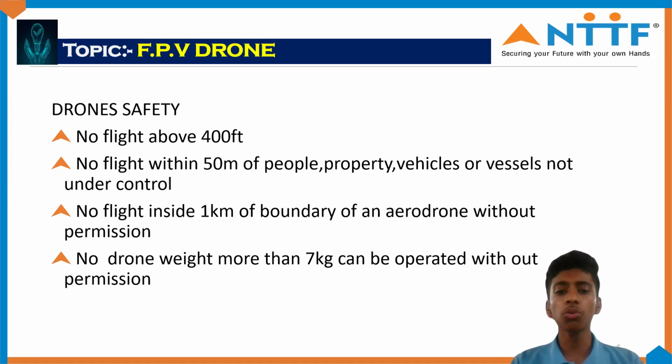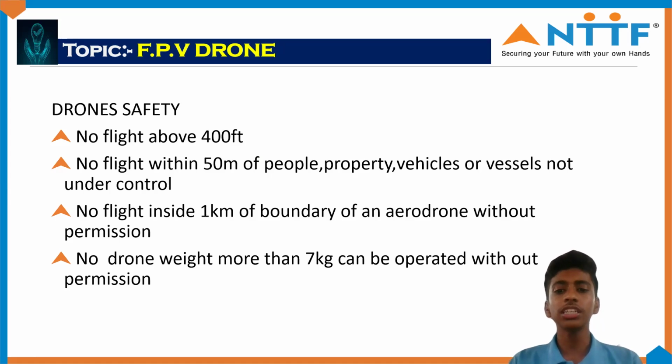The last one is no drone weighing more than 7 kg can be operated without permission. As we all know, drones are categorized according to their weights, such as the nano drone, which weighs around 249 grams. It means that we can fly it anywhere we want. Then the other categories follow, like micro drone and large drone.